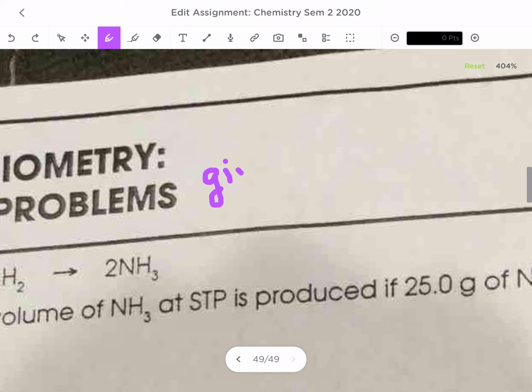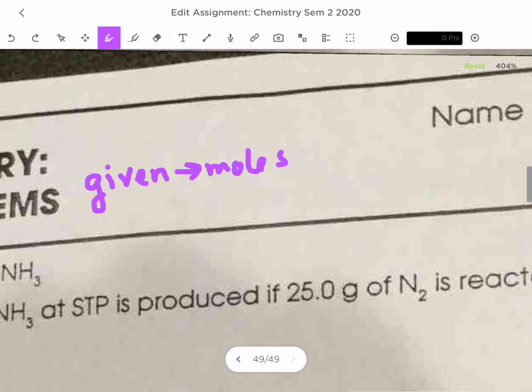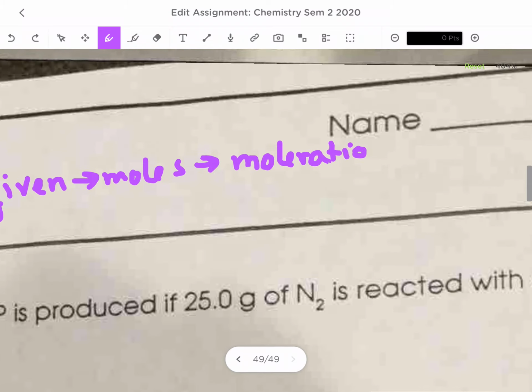So identify the given, convert the given to moles, then you can use your mole ratio, and then you convert to whatever you are trying to find.